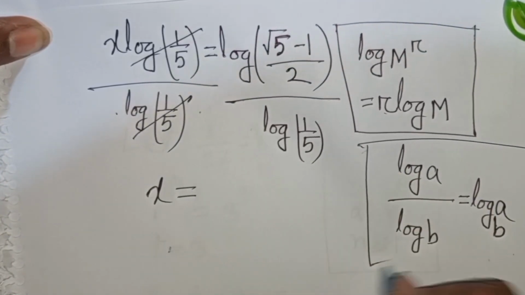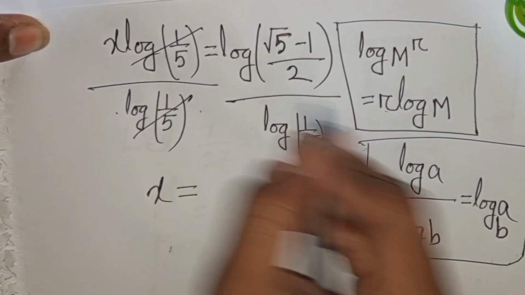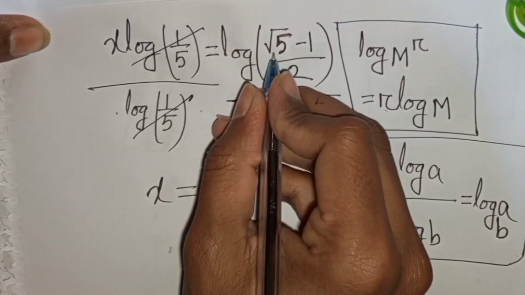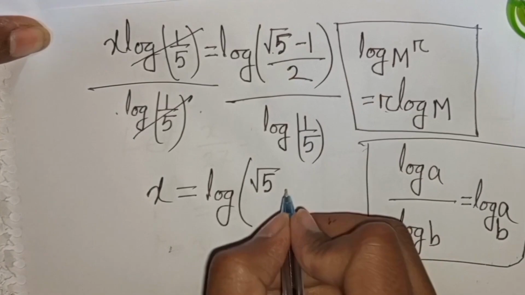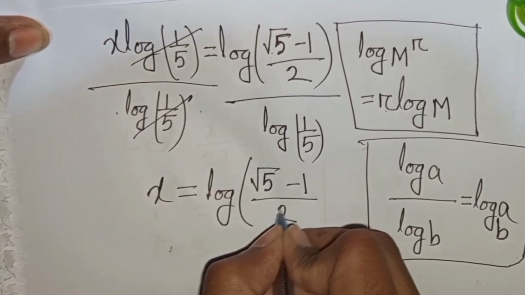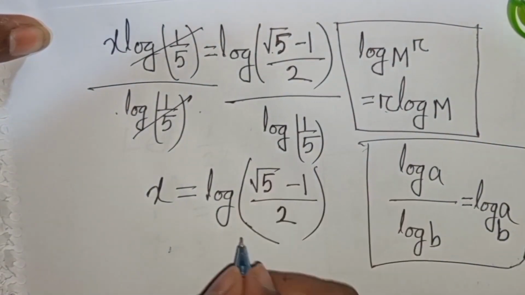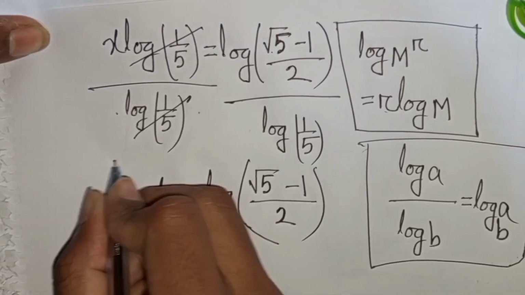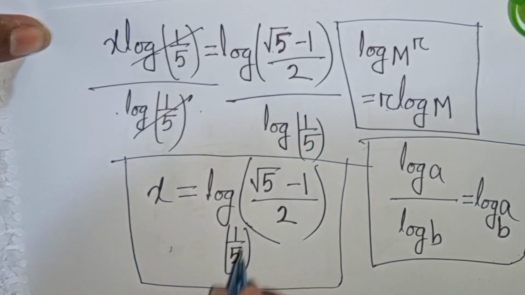So according to this formula, it will be log of (√5 − 1)/2 with base 1/5. So this is the value of x. So this is our final answer.